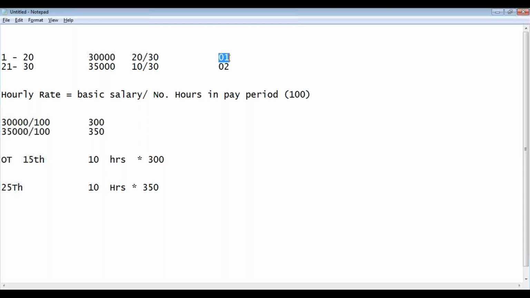The change may be a cost center change. For example, here there is a cost center 1, but when I change my position, in a promotion, the cost center also automatically gets changed. There is a chance of the cost center changing, right? So there is a cost center K1 and a cost center K2.